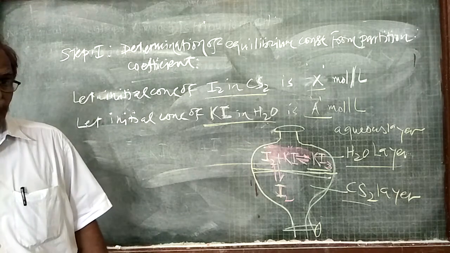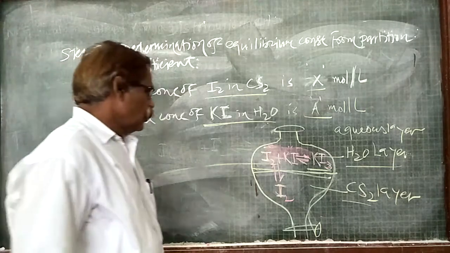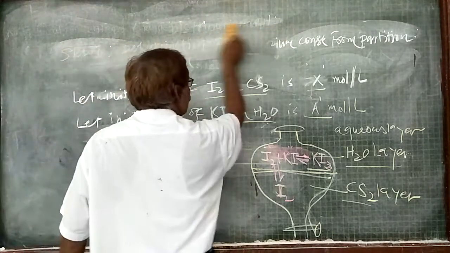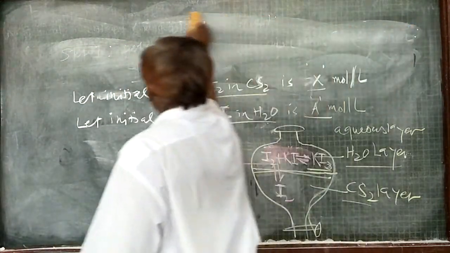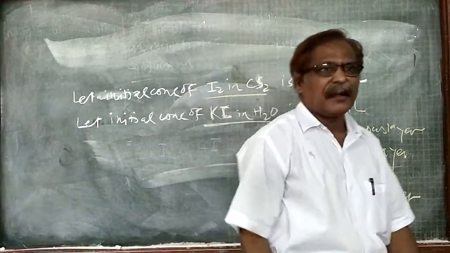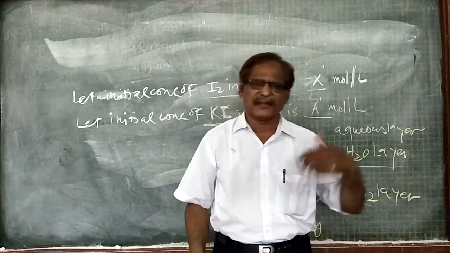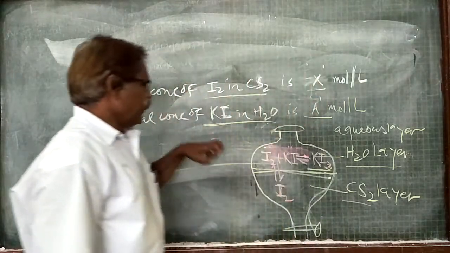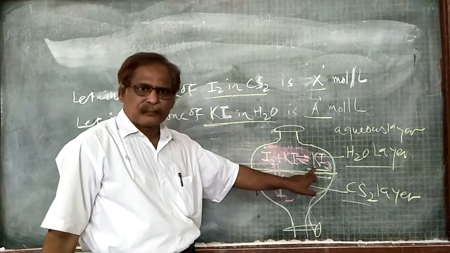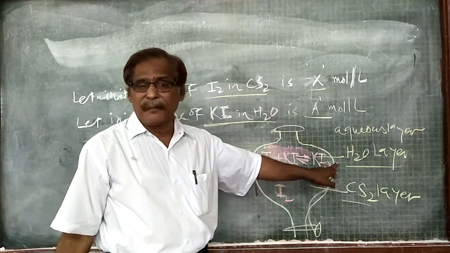Because we know when we want to calculate the equilibrium constant of the complexation reaction taking place between iodine and KI giving potassium triiodide, we must know the concentration of the complex potassium triiodide at equilibrium.